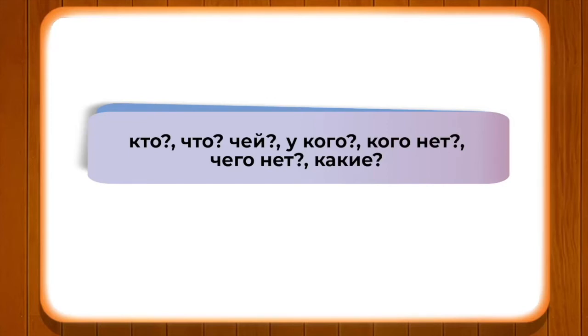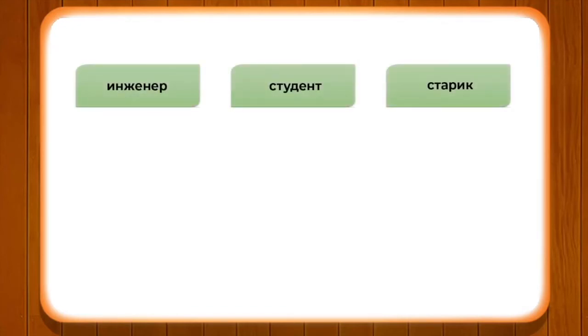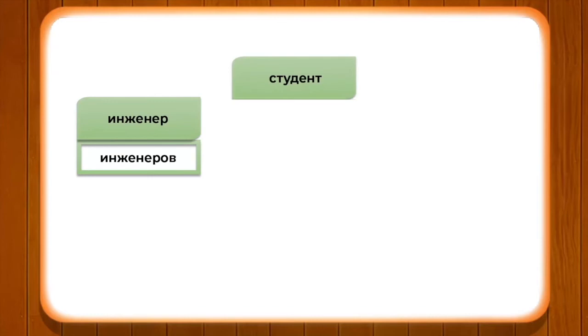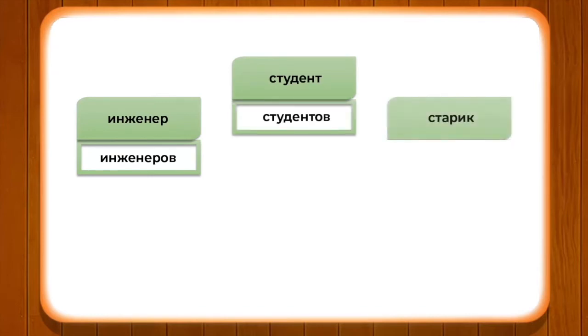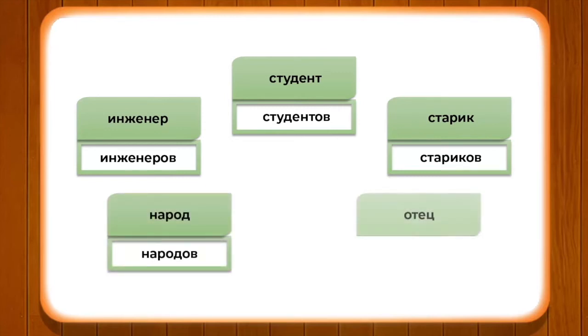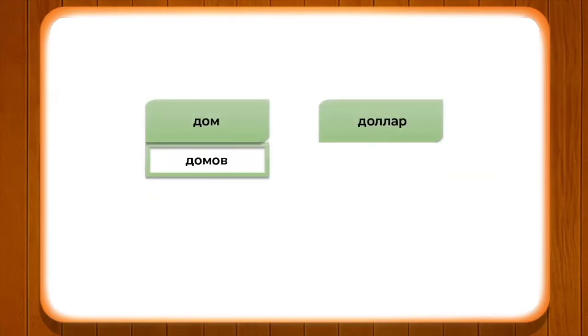So, in nominative we have nouns like инженер, студент, старик, народ, отец, дом, доллар. Инженер would change into инженеров, студент changes into студентов, старик changes into стариков, народ changes into народов, отец changes into отцов, дом changes into домов, and доллар changes into долларов. So, accordingly, you may also change them as and when it is required.